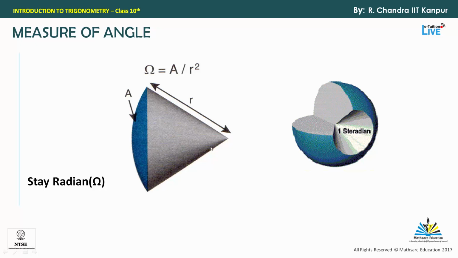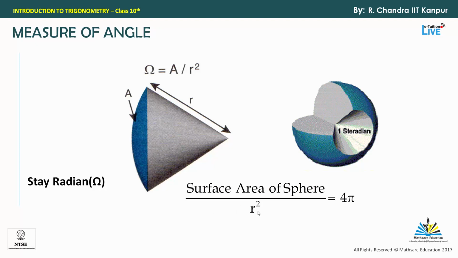Solid angle omega is defined as the area of this surface upon its radius square. For a complete sphere, the surface area upon radius square is equivalent to 4 pi. This becomes a fixed ratio. So the surface area of a sphere is 4 pi r square.